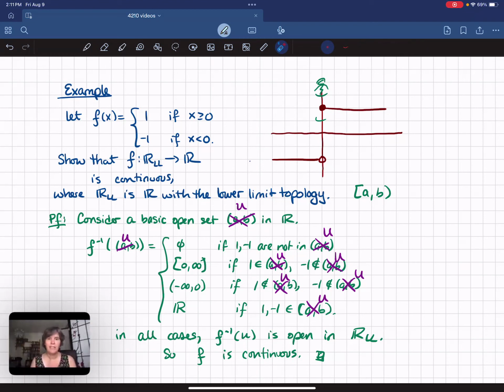You really have to think about the definition that the pre-image of open sets is open, and you have to think about what the meaning of open is in the particular topology that you happen to be given. So whether or not a function is continuous depends not just on the function, but also on the topology given for the function's domain and codomain.